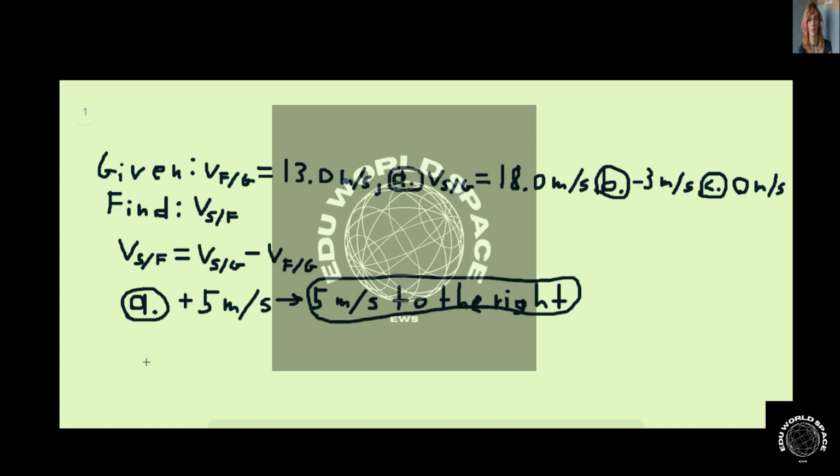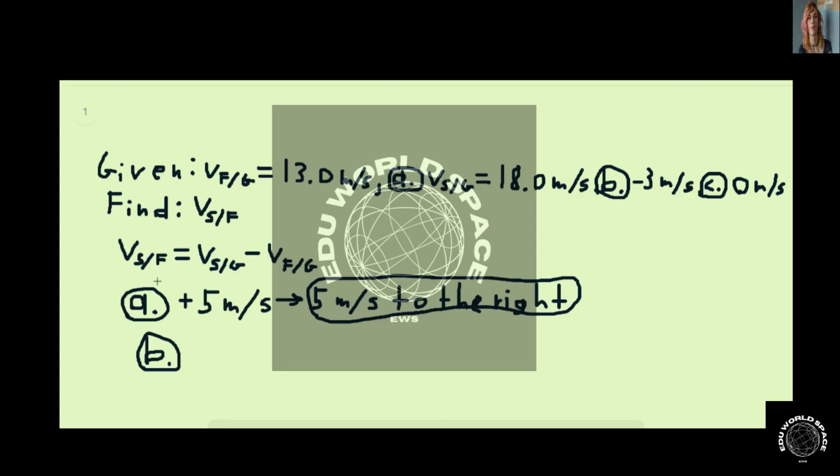Okay. And then part B, it's very similar. So for part B, we have the velocity of the scooter relative to the ground is negative 3 meters per second. And again, it's going to the left now because it's negative. So we have to do negative 3 meters per second minus the velocity of the flat car relative to the ground, which is 13 meters per second. So we're doing negative 3 minus 13 using this formula here.